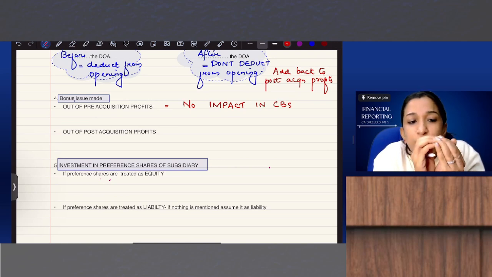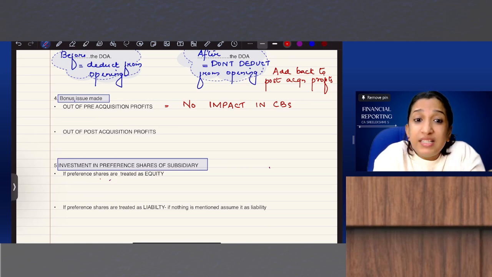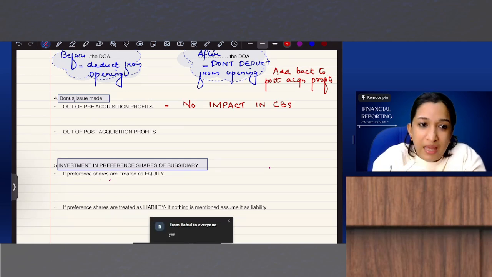Pre-acquisition profits will reduce and share capital will increase, so the net effect is the same. So no impact in the consolidated balance sheet.